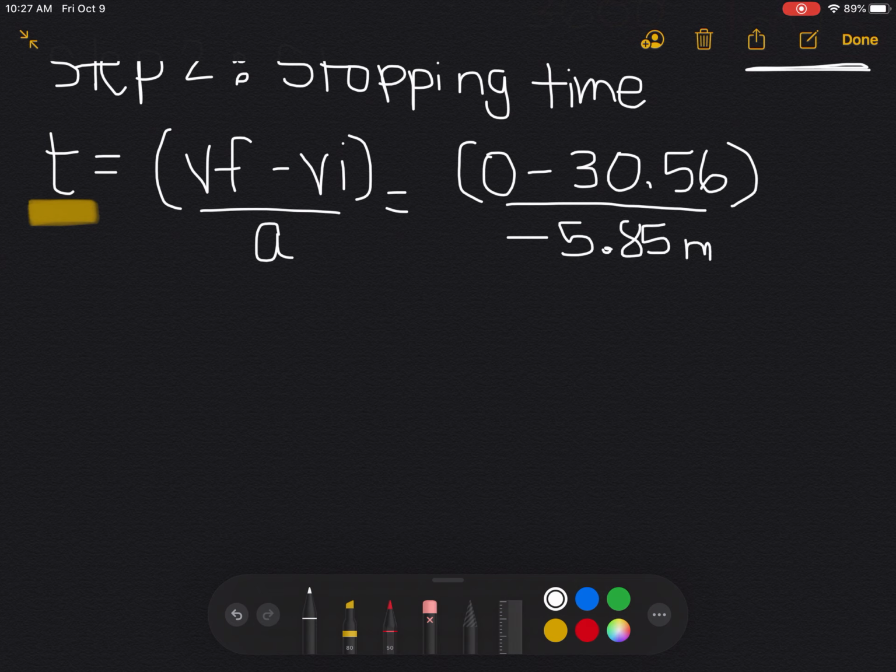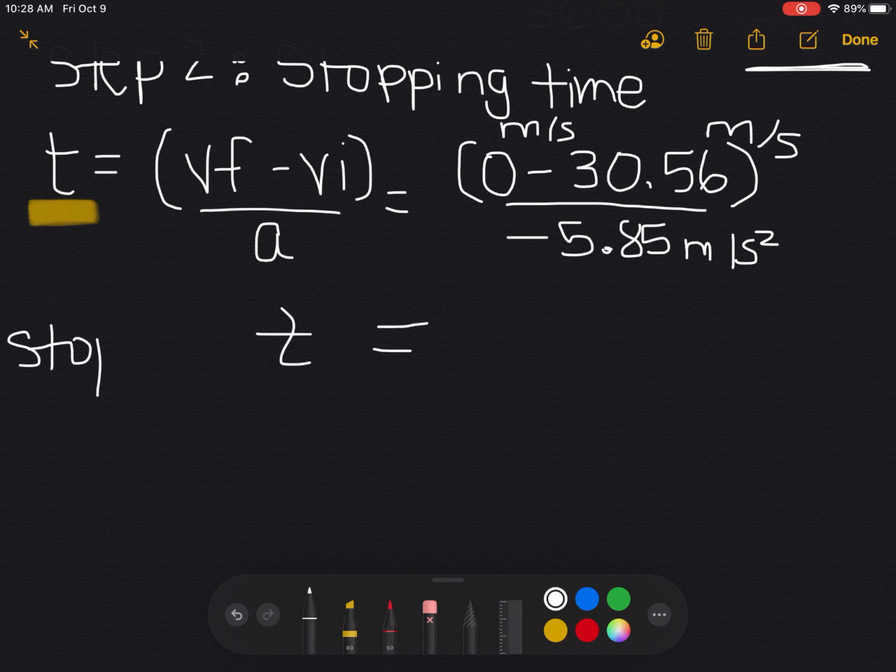Meters per second squared. I should have put meters per second on these. This is meters per second as well. And then if we calculate that all out, we will get our stopping time. Okay?